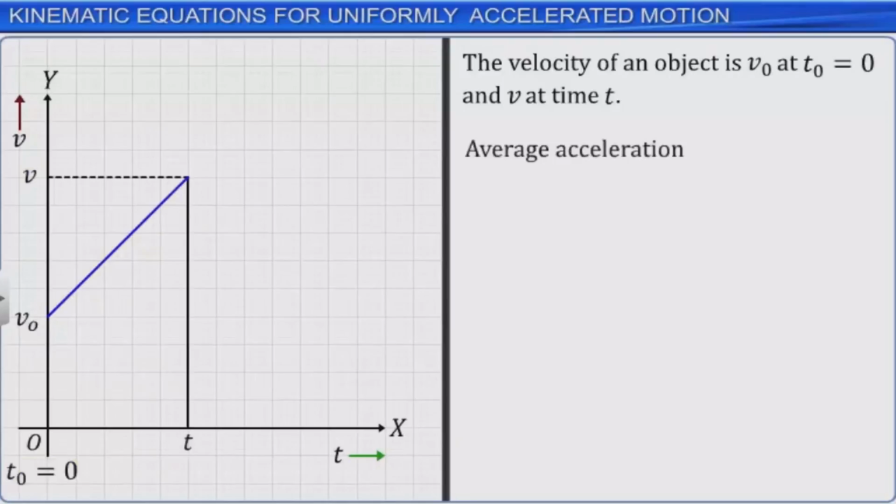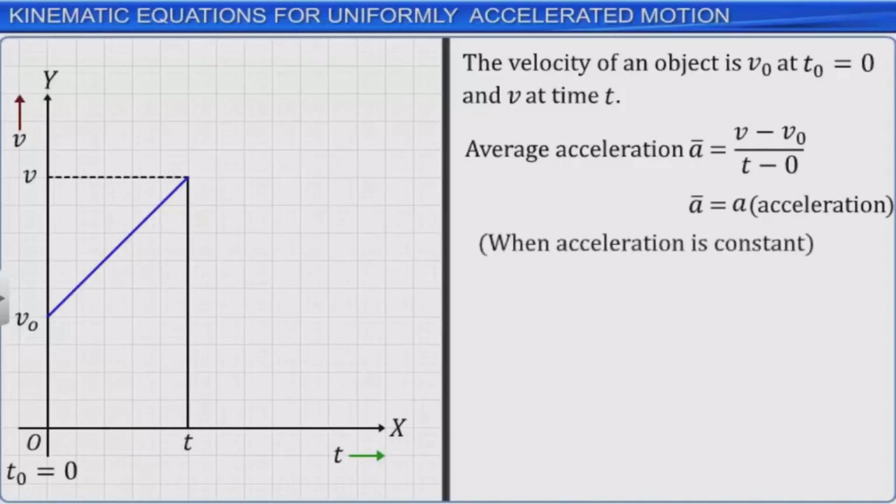Average acceleration a dash is the ratio of the difference between v and v0 and the difference between t and 0. The value of a dash is equal to acceleration when acceleration is constant. By cross-multiplying and rearranging, we get the value of velocity as the sum of v0 and the product of a and t. This is equation 1 of motion.